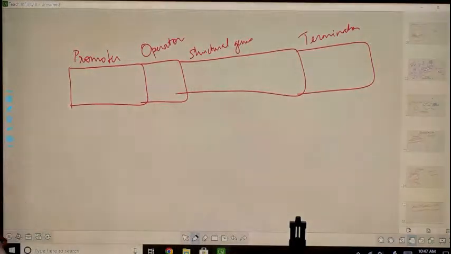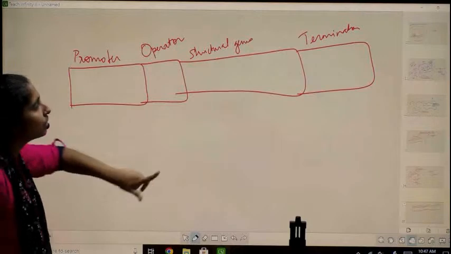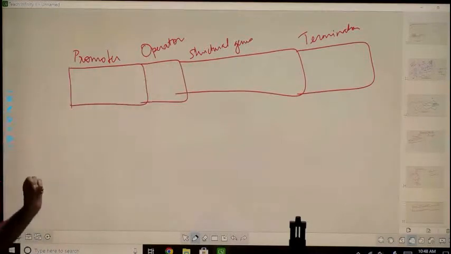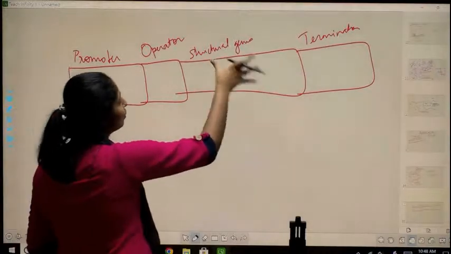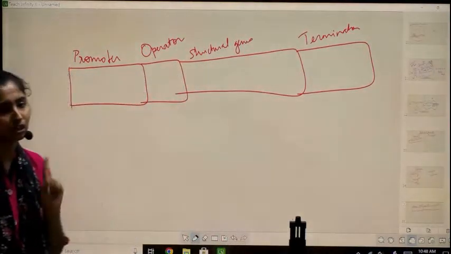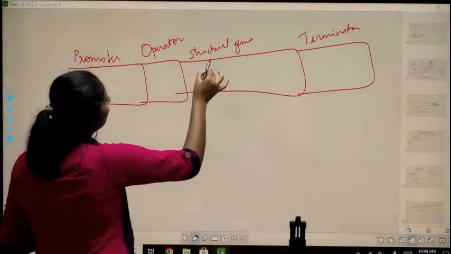So what is different in a transcription unit of a prokaryote and a eukaryote? First visible difference is the presence of an operator region. An operator region is not present in case of eukaryotes, while in prokaryotes it is there. Another difference is in respect to structural genes. In case of eukaryotes, we just have one structural gene, right? While in case of prokaryotes, we have multiple genes here.